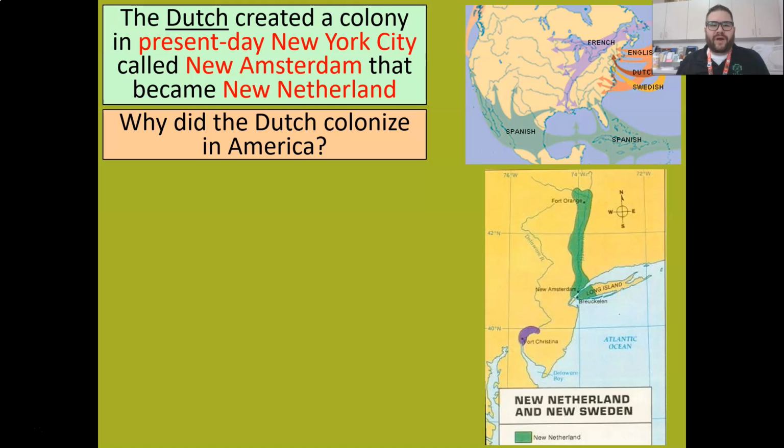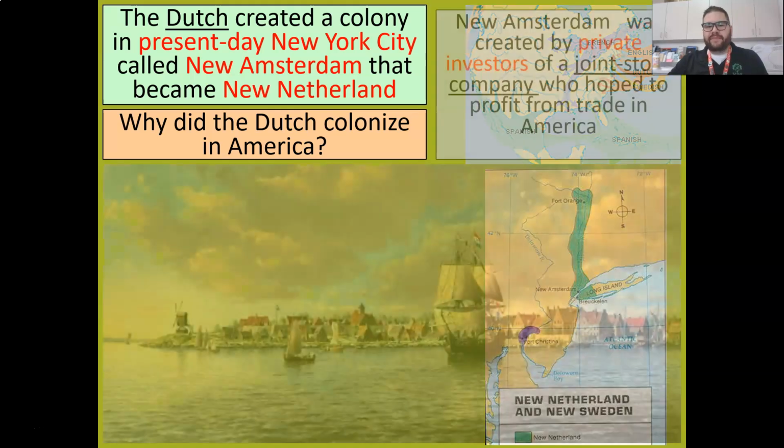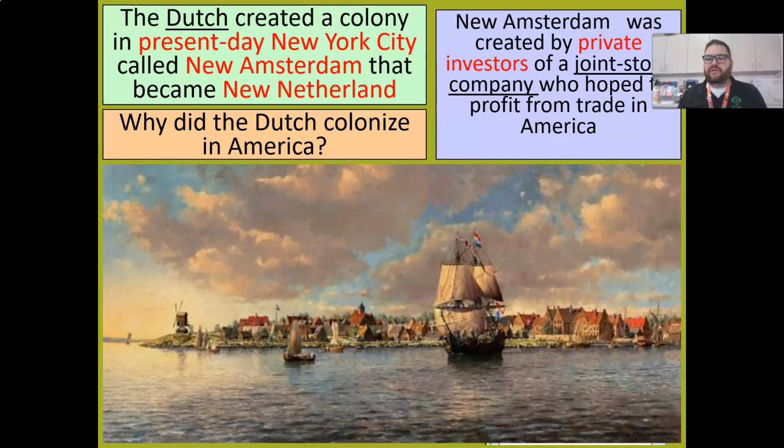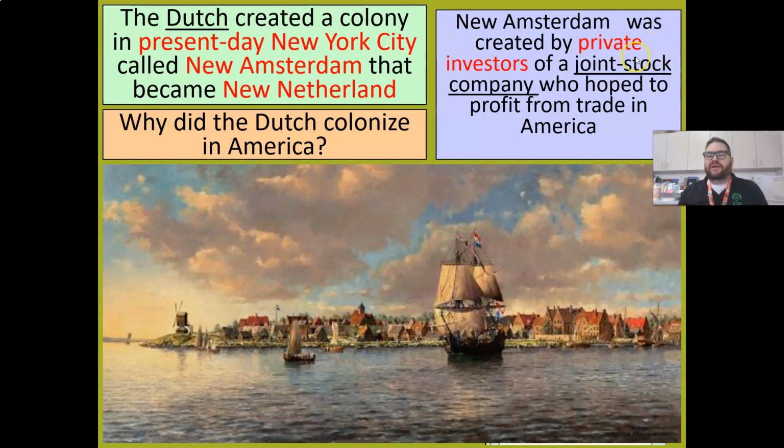And why did the Dutch colonize in America? They really wanted private investors, basically wealthy people, to pay these explorers to come over here and to set up these settlements to profit from trade. Basically, they wanted to be the ones that were bringing raw materials and goods and crops from the Americas back over to Europe.